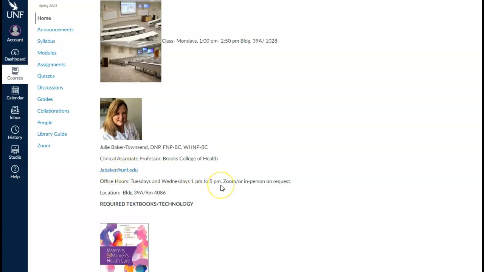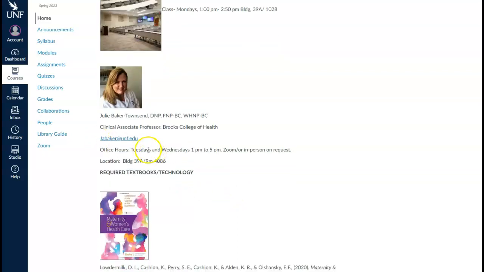Please do not use the Canvas link. I get so much spam through Canvas that I can't keep up with it. So please always email me at jabaker@unf.edu. I will have office hours on Tuesdays and Wednesdays. We can Zoom. And then I have an office upstairs, Building 39A, room 4086.